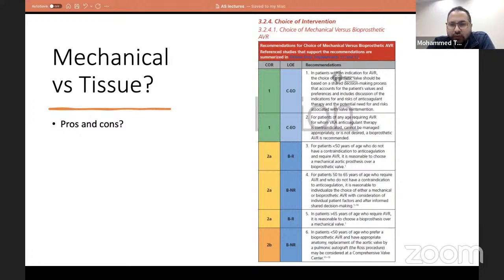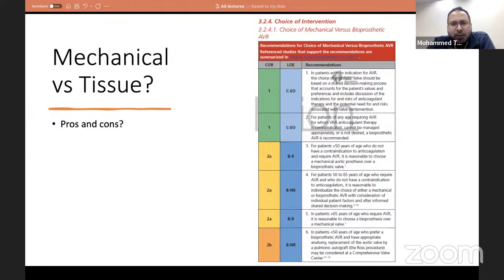It's very controversial because you're operating on two valves, changing the problem from one valve into two valves. But lots of papers have demonstrated the longevity of patients who receive the Ross procedure is comparable to the age- and sex-matched population in patients less than 60 or 65 years of age.